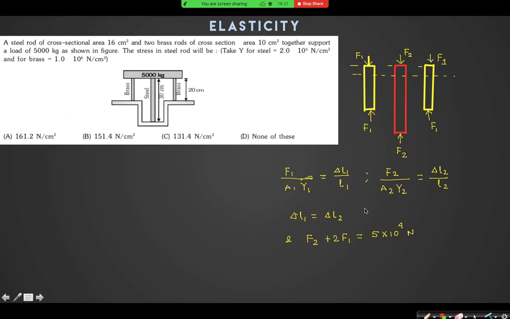Sir, why would the compression be the same for all three rods? If the compressions are not the same, then the bar will not be horizontal. So in this type of diagram, you always have to consider the situation to be horizontal.